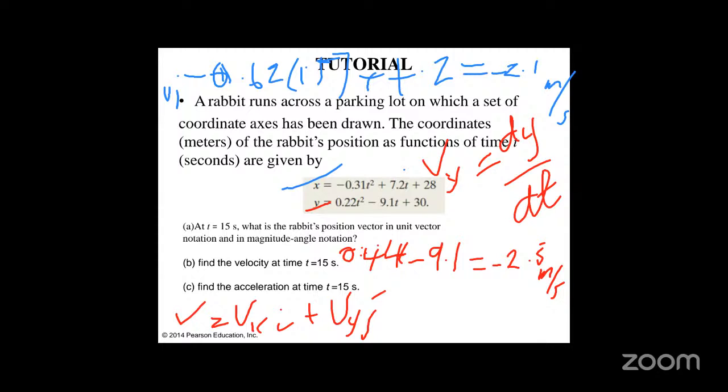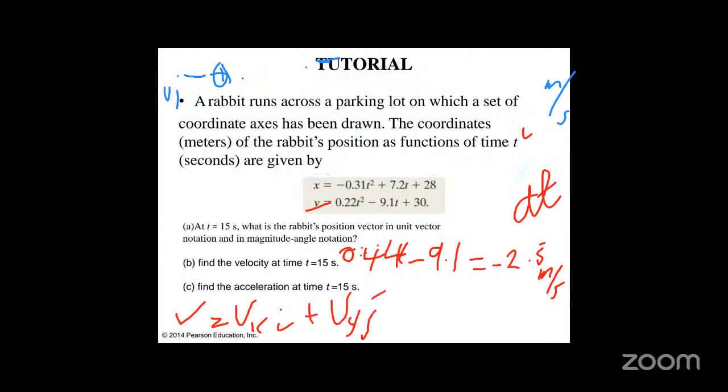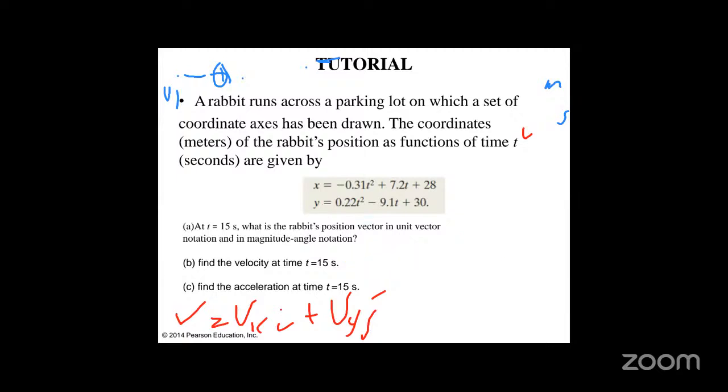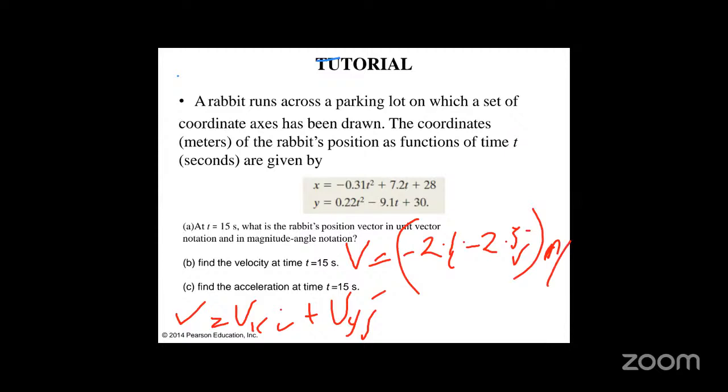So that will translate to v is equal to minus 2.1i minus 2.5j, all in meter per second.